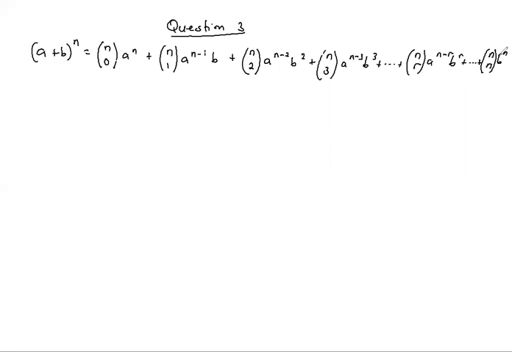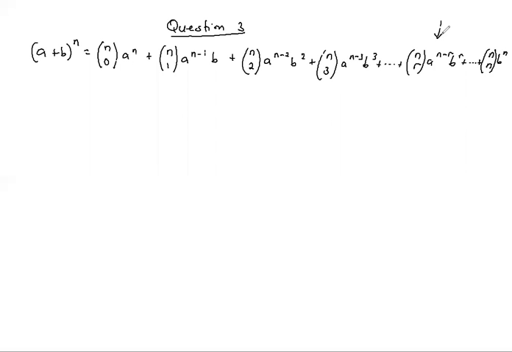So there won't be a. In the same way, there's no b in the first term. So this is the binomial theorem, with this part as our general term. Now we can go to question 3.